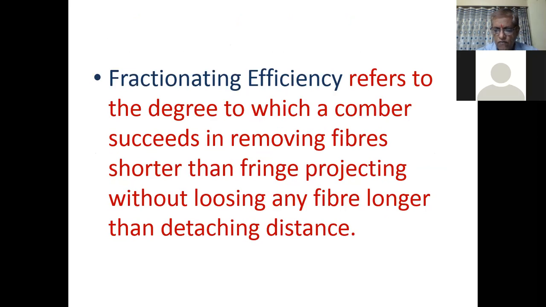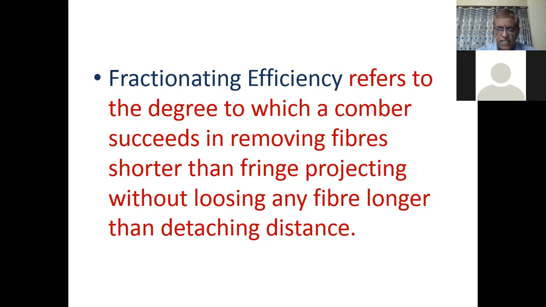So the two rules I have told you have been written in a combined way. We can judge the performance of the comber by studying fractionating efficiency, which refers to the degree to which the comber succeeds in removing fibers shorter than the fringe projecting from the nippers without losing any fiber longer than the detaching distance.